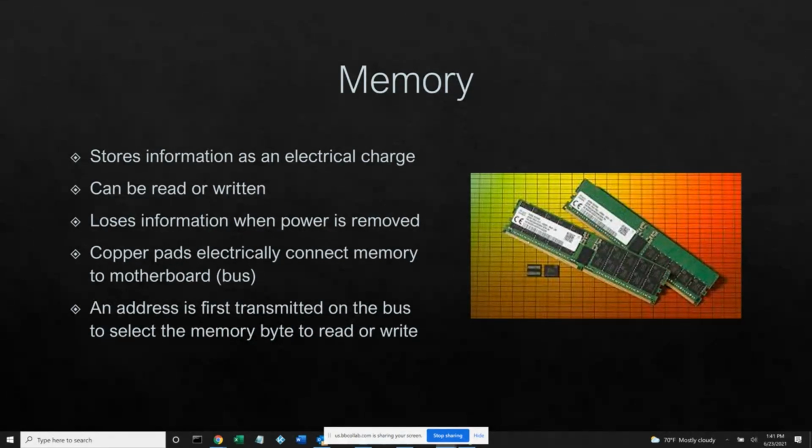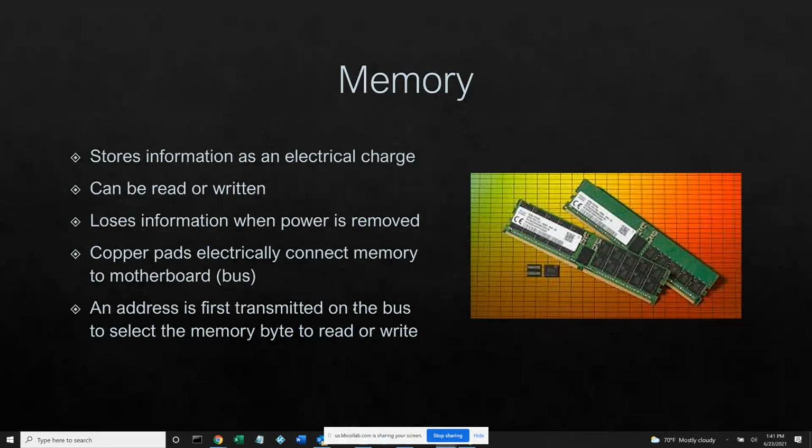And again, just like on the CPU, we've got these electrical connectors on the bottom here, actually on both sides of these little circuit boards, and they connect to the motherboard over what's known as a bus.